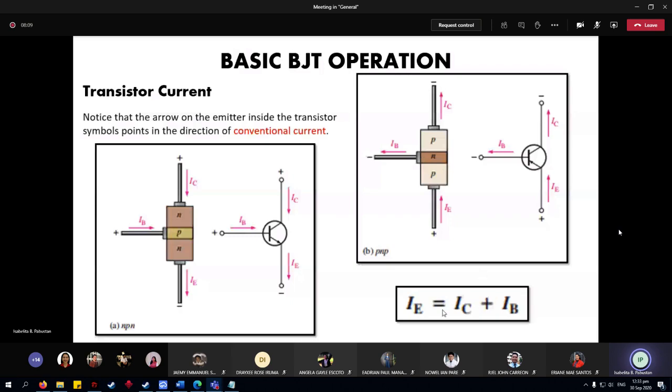So therefore, the formula for your BJT, whether you have PNP or NPN, will be the same for the computation of the IE, or the emitter current. Emitter current, collector current, and then the base current.